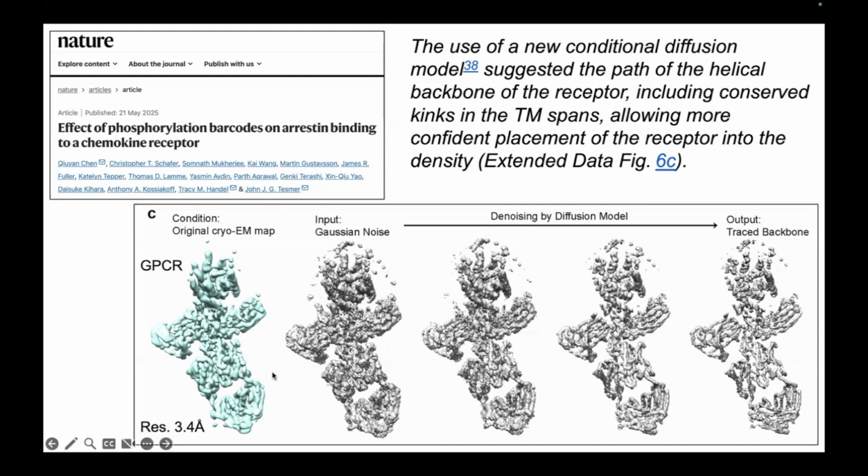This is the actual example. GPCR positions: we can see the seven helical structure here, the GPCR regions. Resolution is 3.4, which is not bad, but using the diffusion models, it can enhance the backbone positions. Then we can see some helical pitches very nicely. This information is very helpful even for manual modeling.